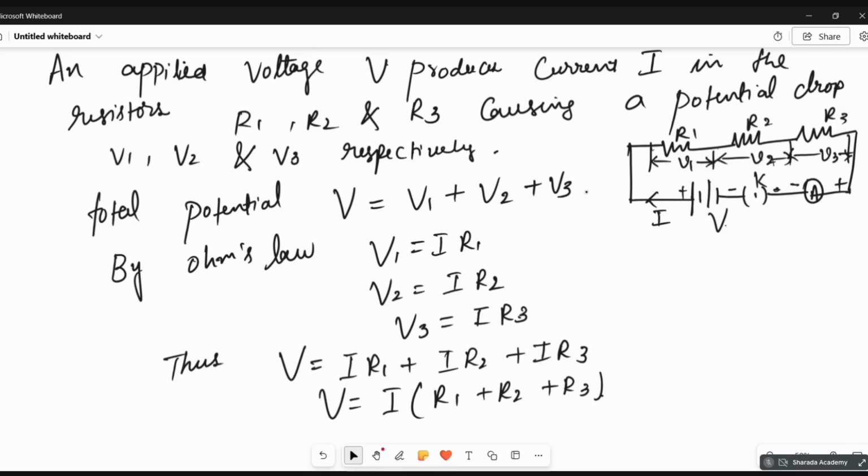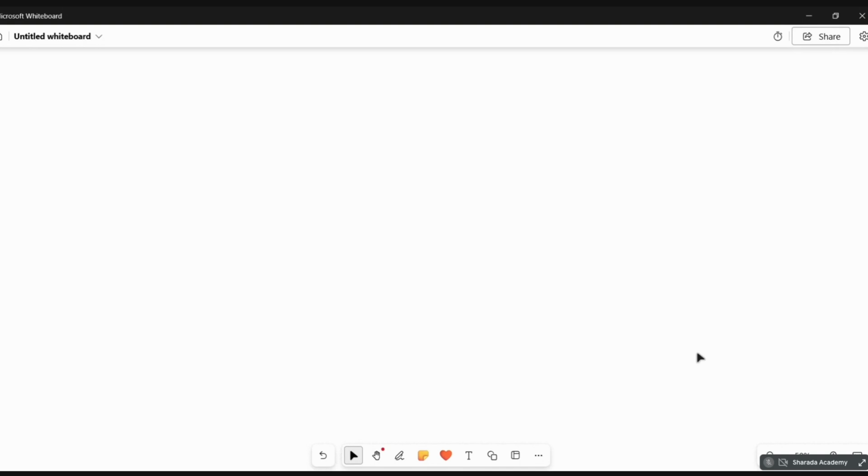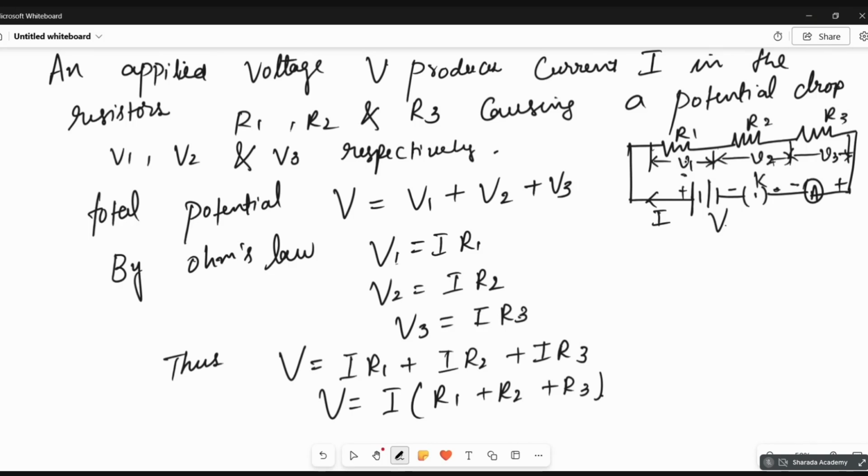Now we will try to apply Ohm's law. Ohm's law, what we studied, V is equal to I into R. Correct? So we will apply Ohm's law for the first resistor. What happens? The resistance is R1 and the current flowing through this is I. Correct? And whatever voltage we measure, that is equal to V1 here. So V1 is equal to I into R1. So current through this is I, this is the resistor value, and whatever voltage we measure here is V1.